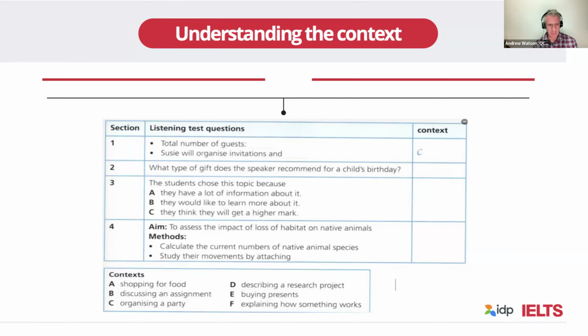Could that be D, and could number 3 be B?